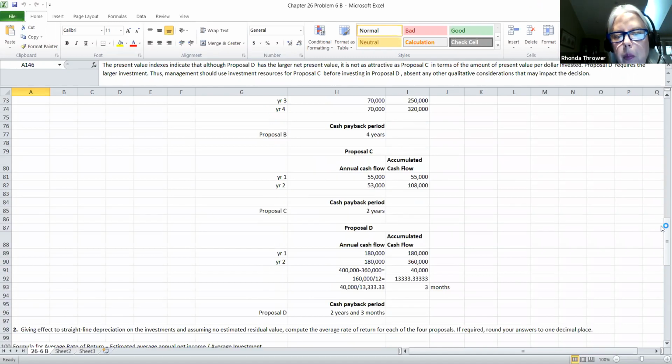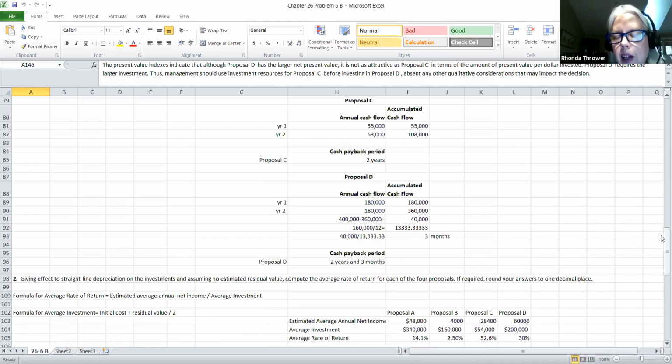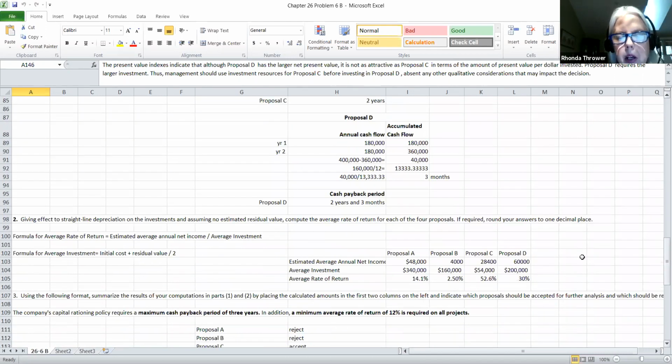Now we're going to look at proposal C. Notice the cash payback period was 2 years, so it passed that first test. Notice that the cash payback period for proposal D is less than 3 years. So both proposal C and proposal D passed the cash payback period.